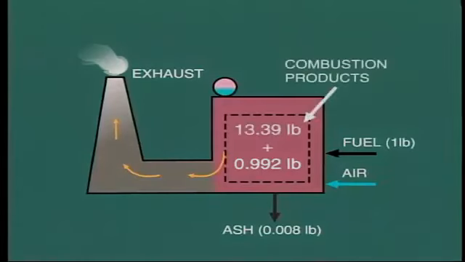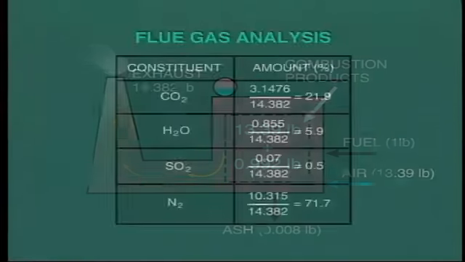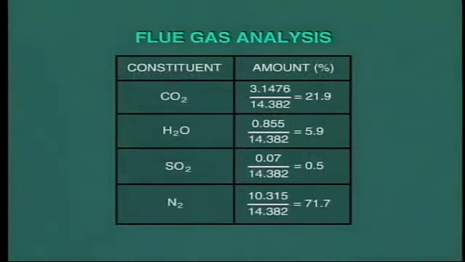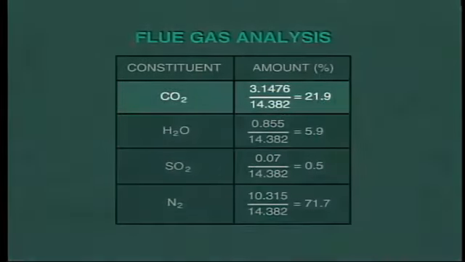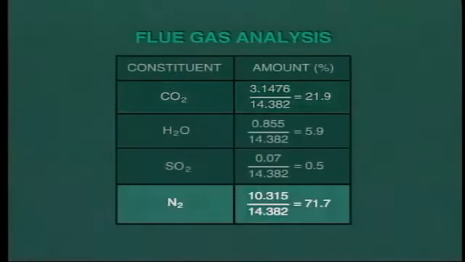Adding the combustible material to the quantity of air supplied, 13.39 pounds, the total comes to 14.382 pounds, the same value. Knowing the total quantity of gas, we can calculate the percentage for each of the constituent gases. In this particular case, CO2 makes up about 22% of the total, with nitrogen forming approximately 72%.